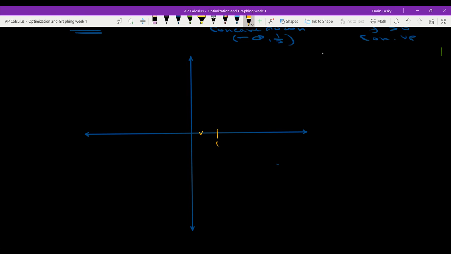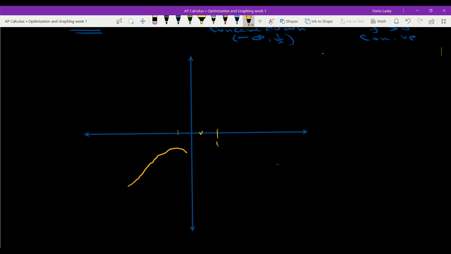So we have negative 1/3. I forgot about that guy. If we take our information, we know that I have an increasing graph to some point. At 1/3, it takes a turn to concave down because I know I have a negative slope.